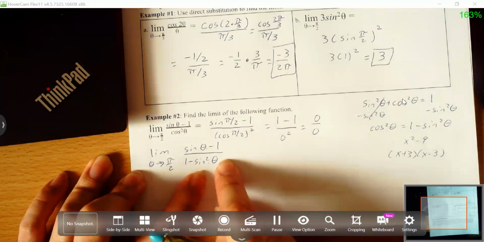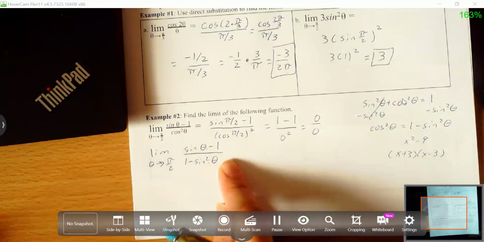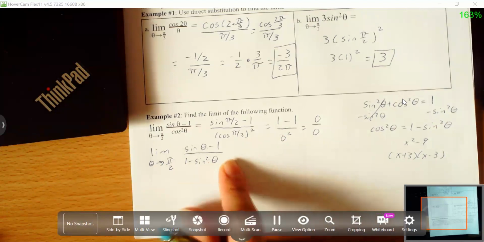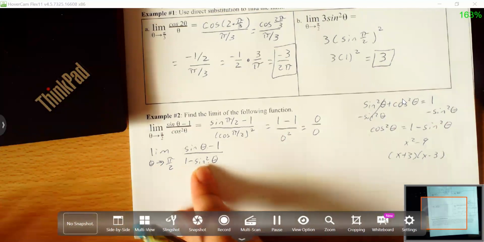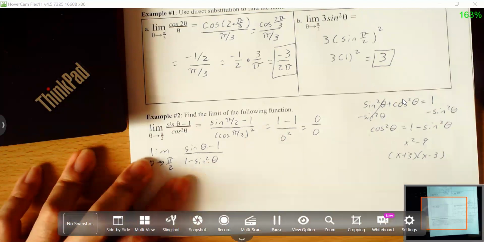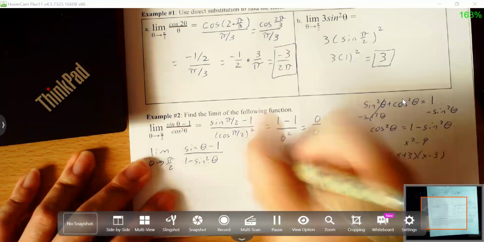Sine squared is a perfect square. If you remember from pre-calc chapter 7 when you were doing all those trig identities, one of the techniques you were given was that you could factor trig expressions. So let's go ahead and factor that.